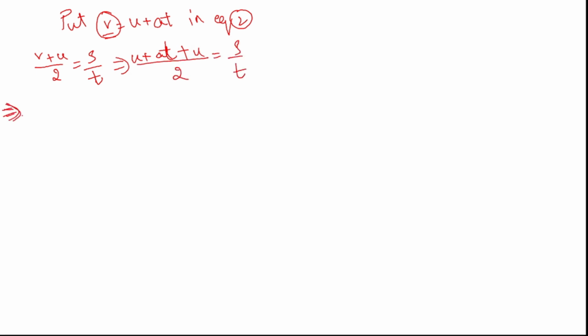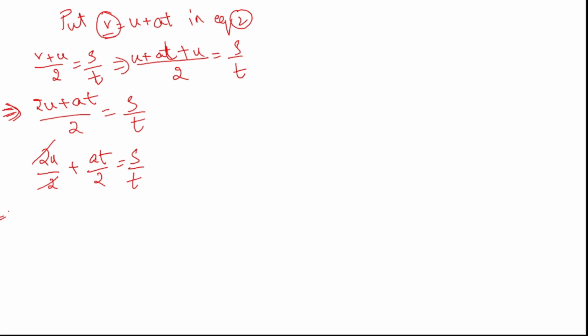So what will you get? (2u plus at) by 2 equal to s by t. Now let us separate the denominator: 2u by 2 plus at by 2. 2 will get cancelled, right? So what will you get here? u plus (at by 2) equal to s by t. Okay. So now let us take this t to the other side. What will you get? ut plus half at square equal to s. So now let this be equation 3.